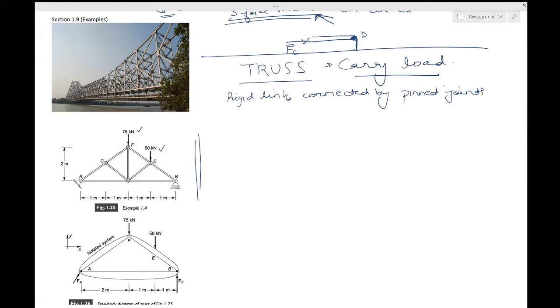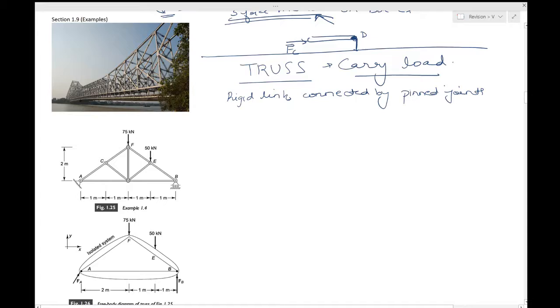It is pinned to a rigid foundation at A. There's a pin joint again over here, and it is supported on a roller at B. You may already be aware of what a roller does. It will allow a displacement in this horizontal direction, but not in the vertical direction. Only in the horizontal direction a roller will allow its motion.